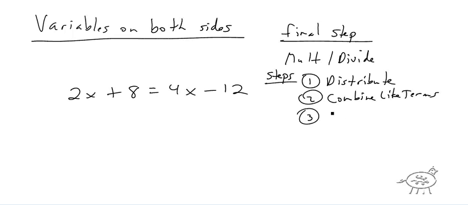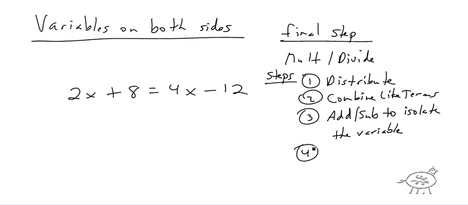Third step is to add and subtract to isolate the variable. And the fourth step is to multiply and divide to solve.